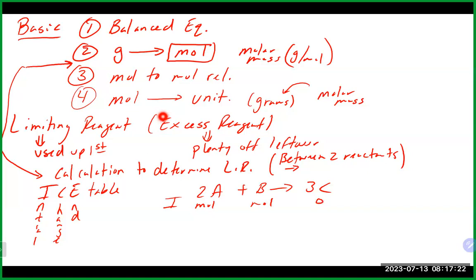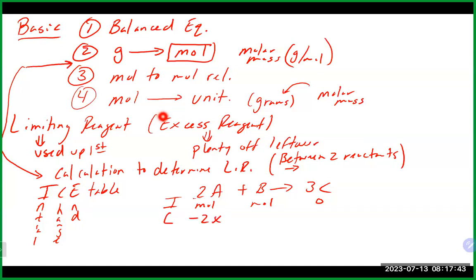Since the reaction is going from reactants to products, over time the amount of reactants should decrease and the amount of products should increase. We represent that in the change part with the letter x and minuses and pluses. Because it is going to the right here, this would be minus 2x.